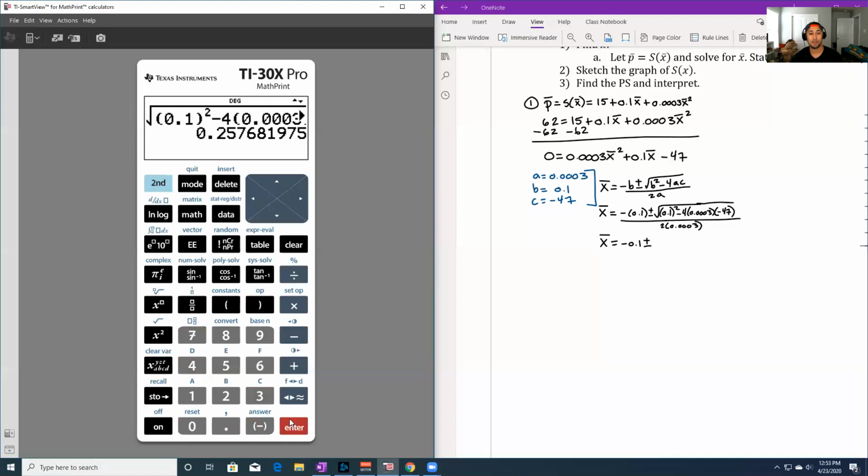Enter. That's it. I'll round this to 2 places. Sure. 0.26. 0.26 over 2 times 0.0003, 0.0006.